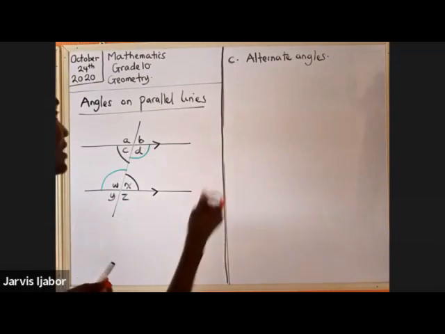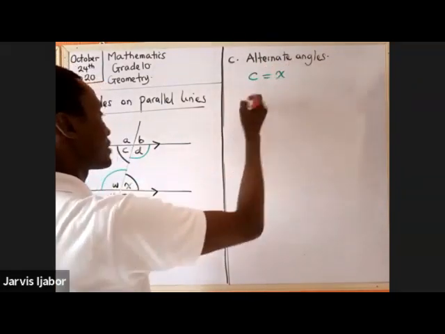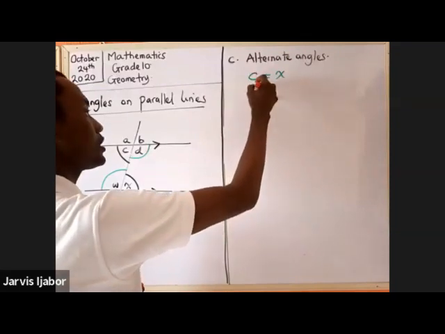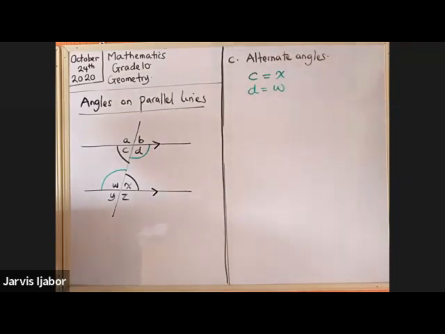So what it means is that C will be equal to X and D will be equal to W. So these are the only angles that are alternating. Please take note of that.